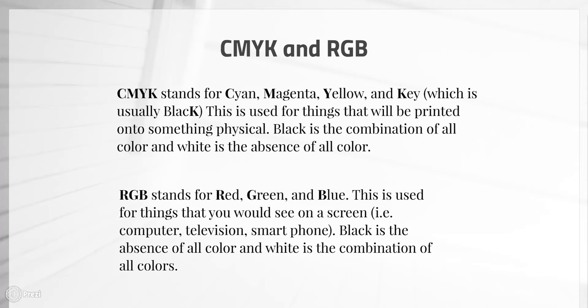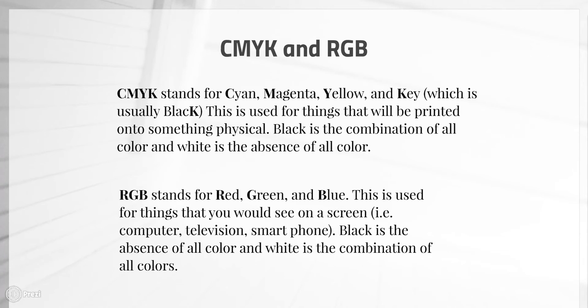And now going into CMYK and RGB. These are print terms, I guess, or terms that are used like color models. So CMYK stands for cyan, magenta, yellow, and key, which is usually black.